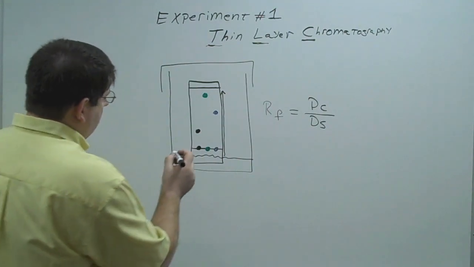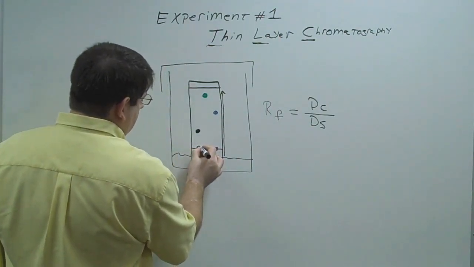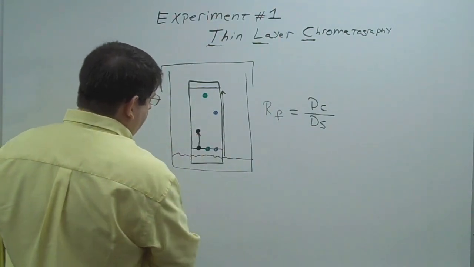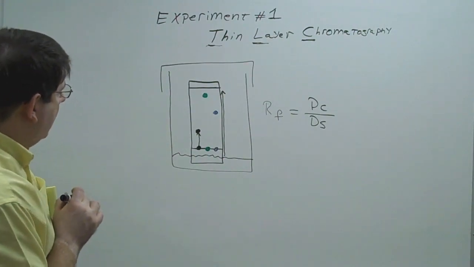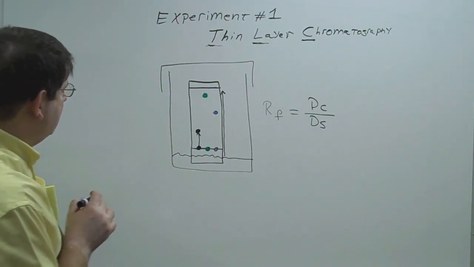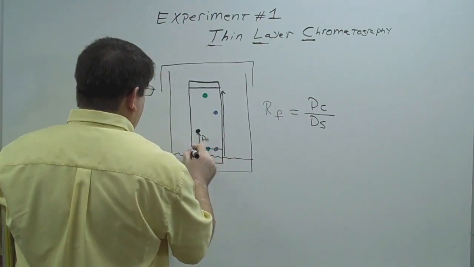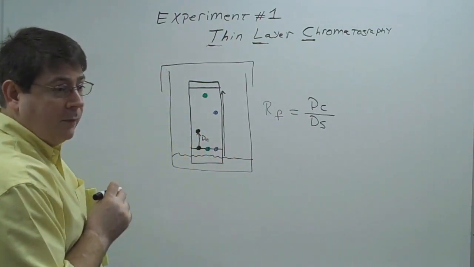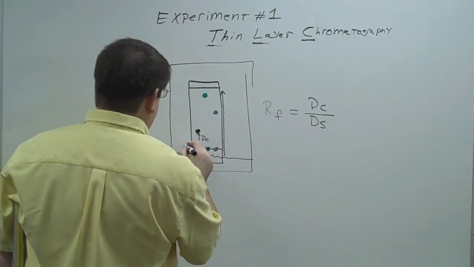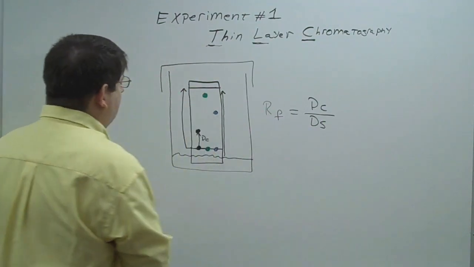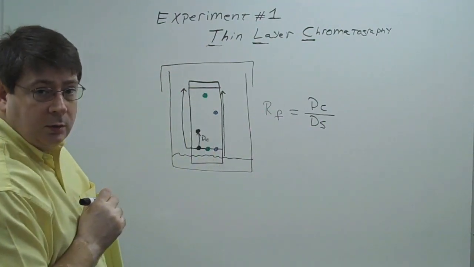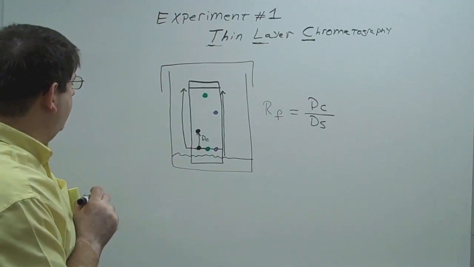So what you would do is you would measure from the origin the distance that the spot travels. So in this case, we're talking about the black spot. So you would take that distance, which we're going to call DC, and you would divide that by the distance that the solvent travels from the origin to the top of the solvent line that you drew when you pulled the slide out of the solvent chamber.